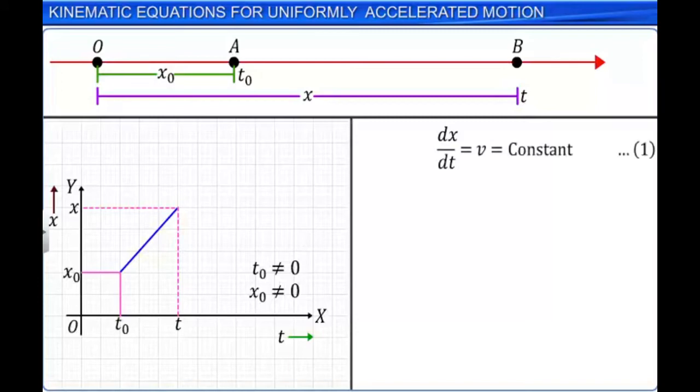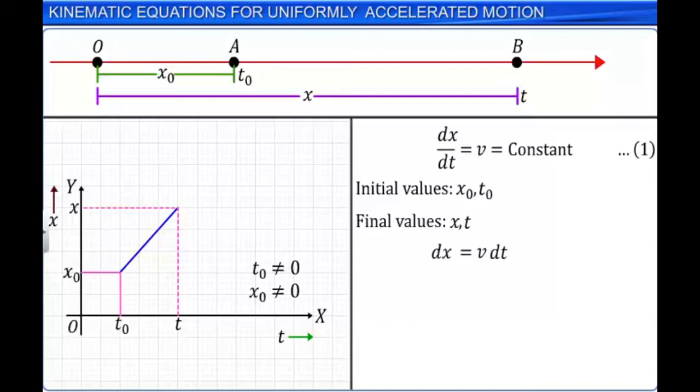Initial values are x0, t0. Final values are x, t. Cross-multiplying equation 1, we get dx is equal to v into dt.